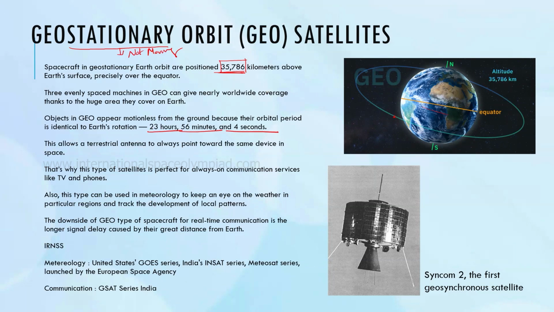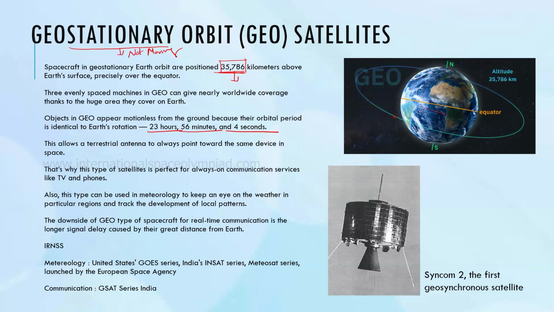So the orbital period is equal to the time taken for Earth to complete one rotation. Earth's one rotation takes 23 hours 56 minutes and 4 seconds, and the satellite also moves at the same speed. That is the speciality of this height.